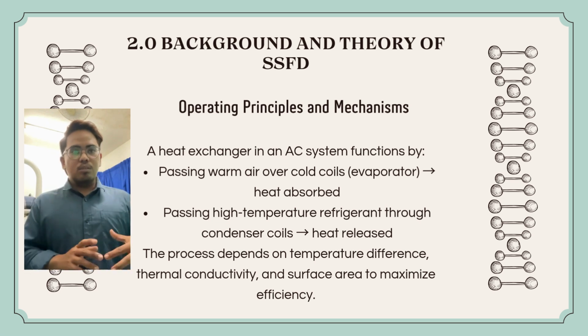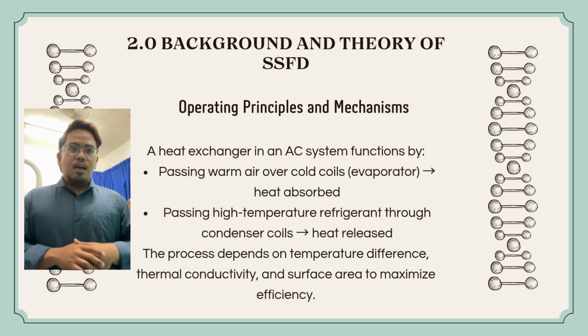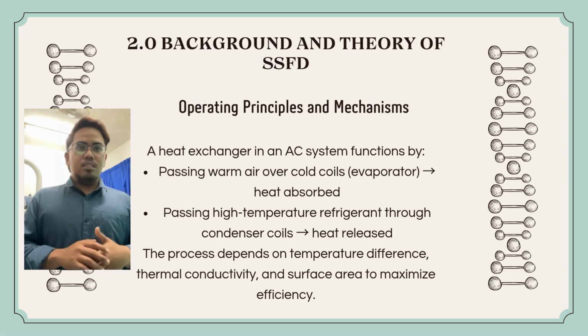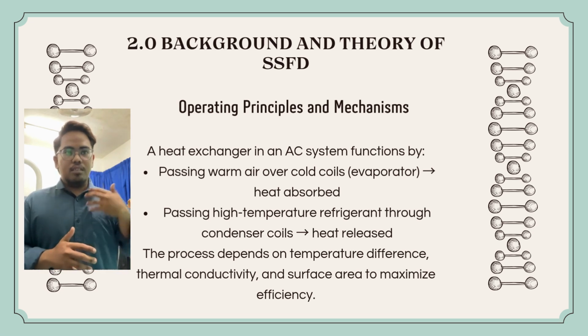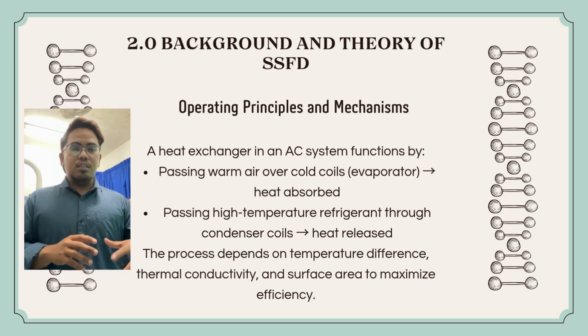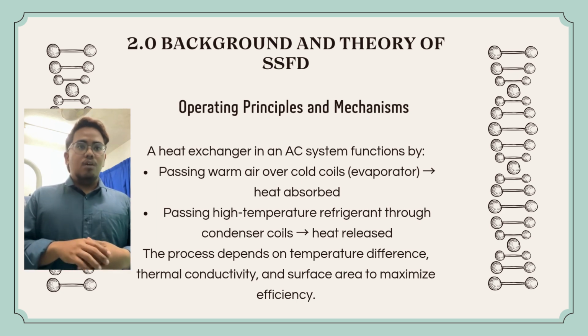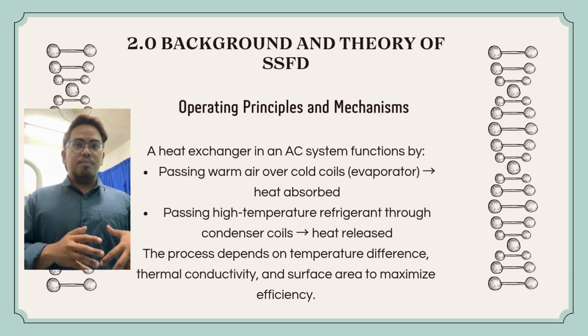Alright, so for the next slide, in an air conditioning system, the heat exchanger plays a key role in regulating temperature. First, warm indoor air passes over the cold evaporator coils where heat is absorbed by the refrigerant.